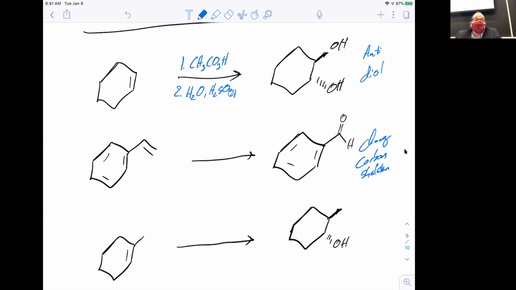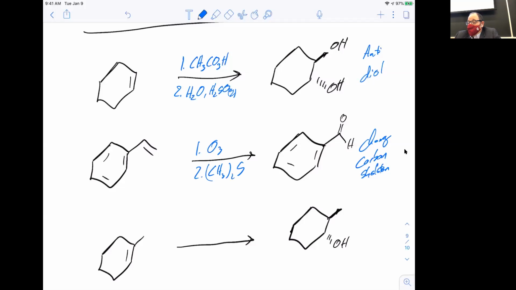But if you lose a carbon, there's really only one way now to do that, and that is ozonolysis. First step, ozone. Second step, a reductive process, so we could use dimethyl sulfide or zinc and acid.